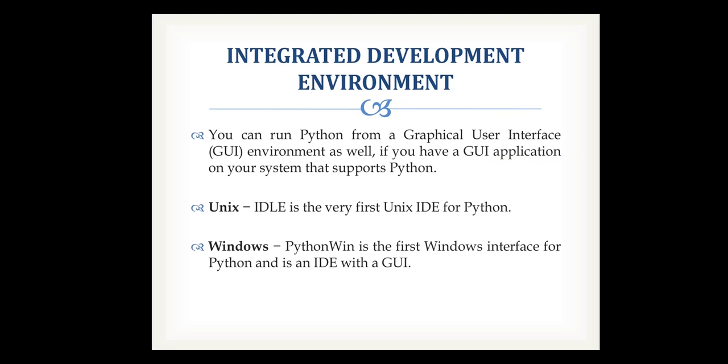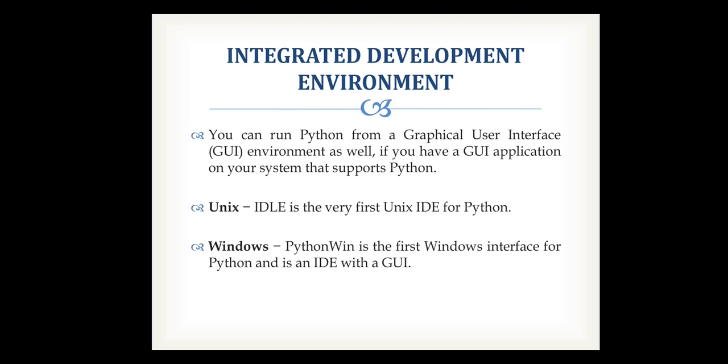Next is integrated development environment. You can run Python from a graphical user interface, that is a GUI environment, as well, if you have a GUI application on your system that supports Python. In Unix, IDLE is the very first Unix IDE for Python.